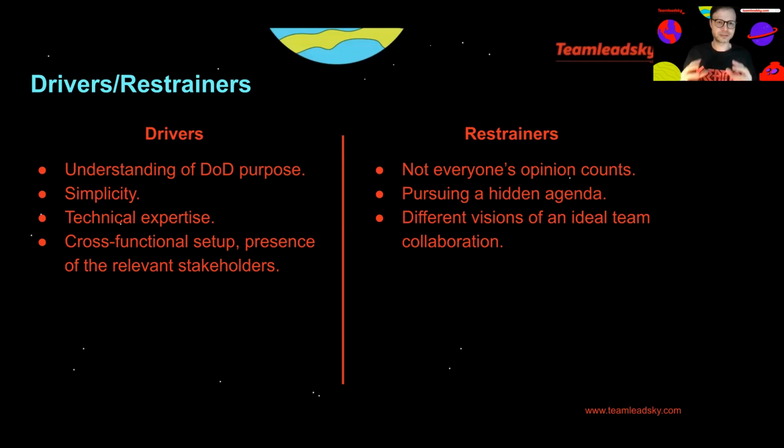Make sure that at least a representative of each specialization is present when you are discussing the definition of done. It's not always possible that everyone is present, right? That would be the ideal situation, but it doesn't happen all the time. Someone may be ill, someone may be on holidays.